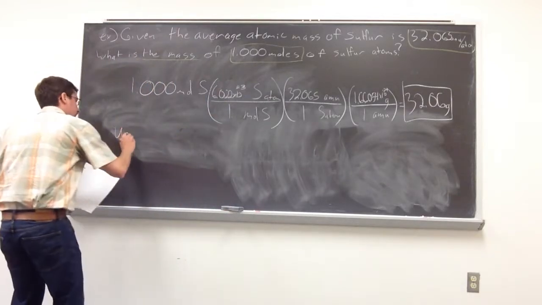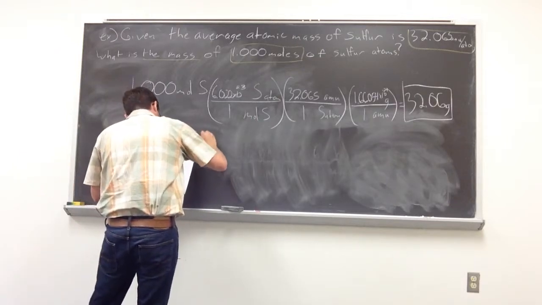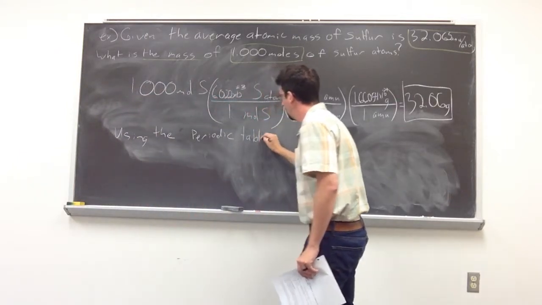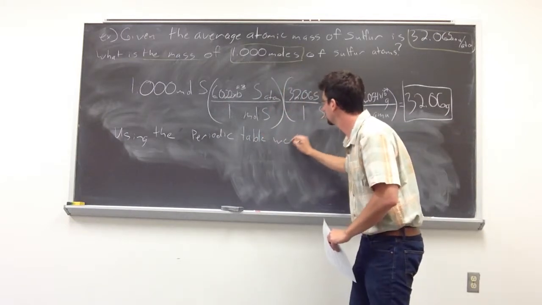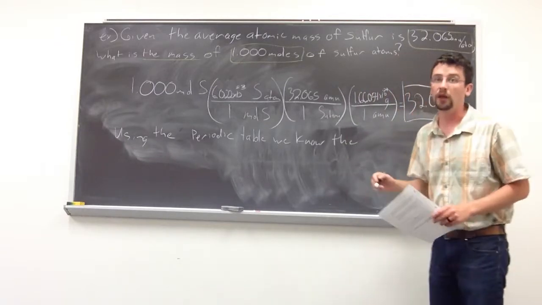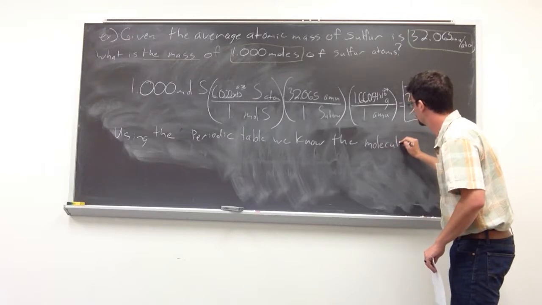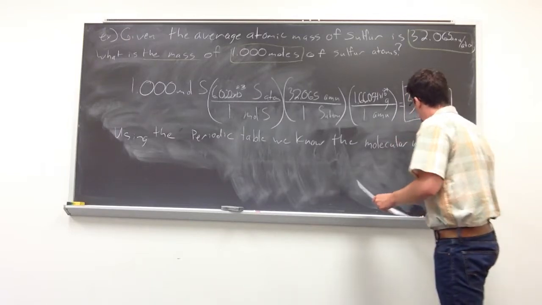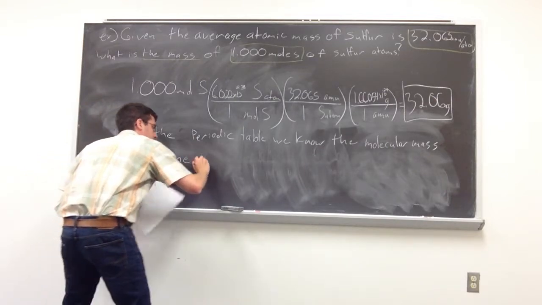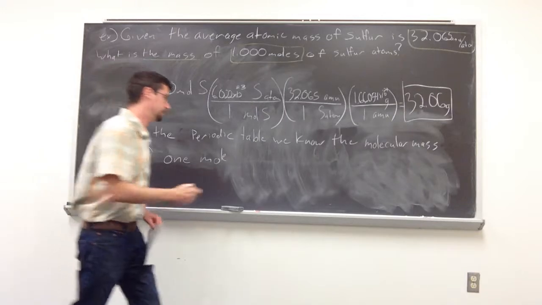So using the periodic table, we know the molecular weight or molecular mass of 1 mole of atoms of a particular element.